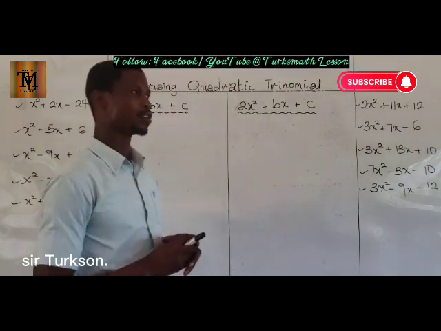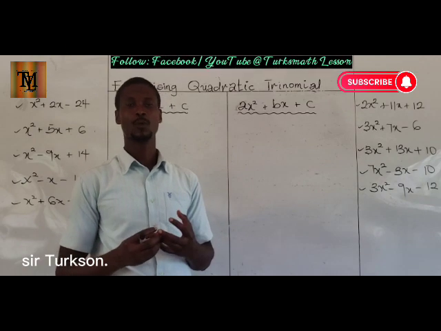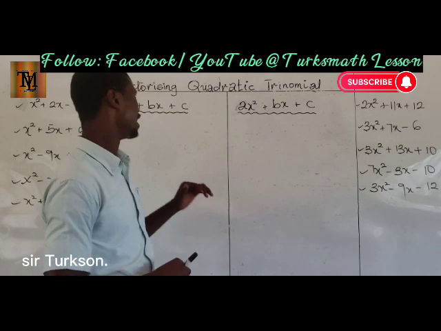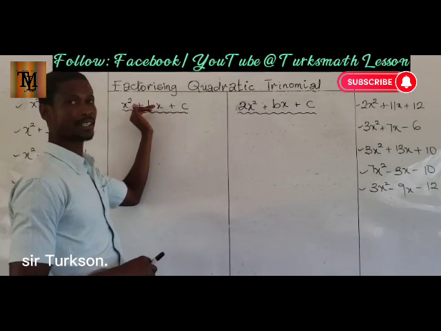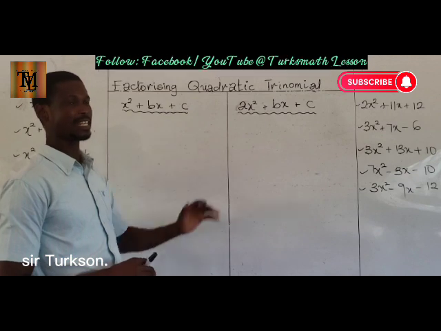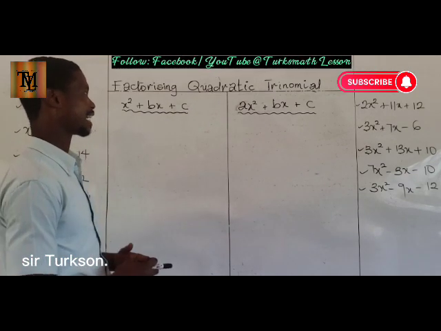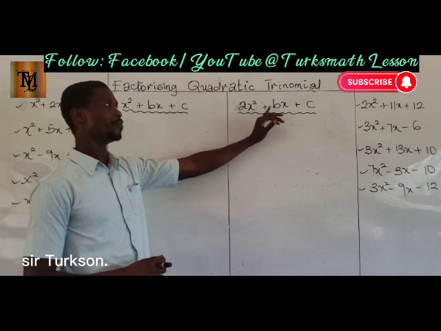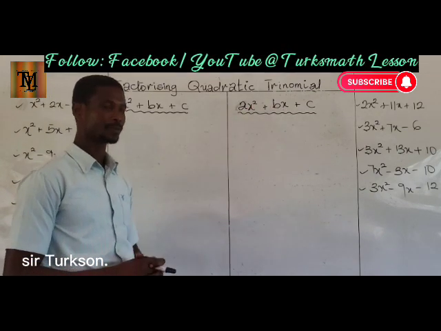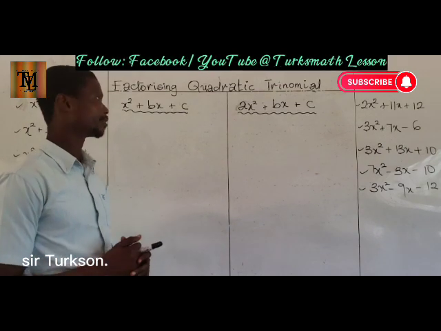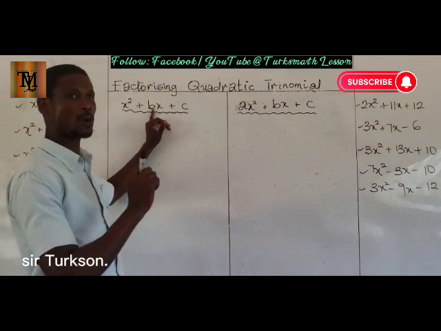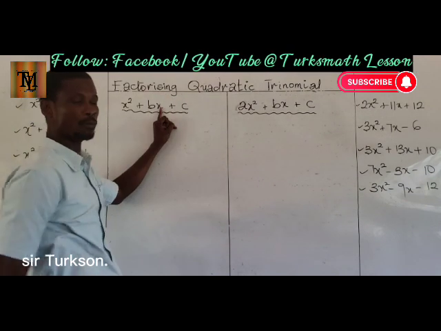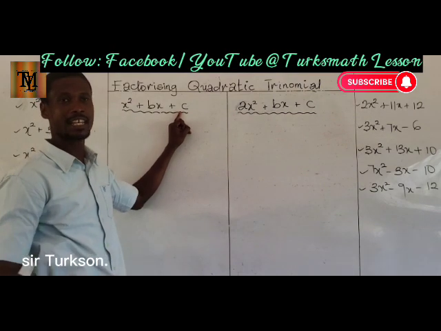So we have two forms by which we can solve quadratic trinomial. The first form is x squared plus bx plus c, and the second form is ax squared plus bx plus c, where b is the coefficient of x in the first form and c is a constant value.